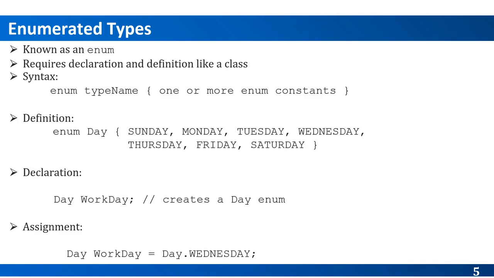The way you define an enumerated data type is to use the keyword enum. All right, so if we have a look here, this is what we use as a keyword enum, and then you call it whatever type name that you want, and then you start to list one or more enum constants.